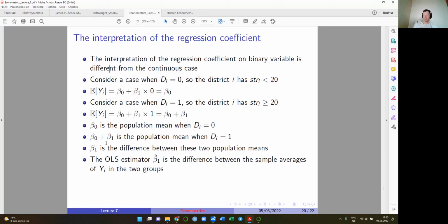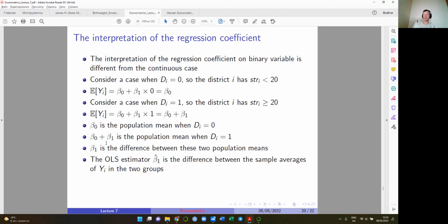Now, how can we test that two groups are different in their population means? Either with the help of the t-test from statistics, or we know the simpler way. We know how to test whether beta 1 is significant. We just need to look at the t-value of beta 1 hat.